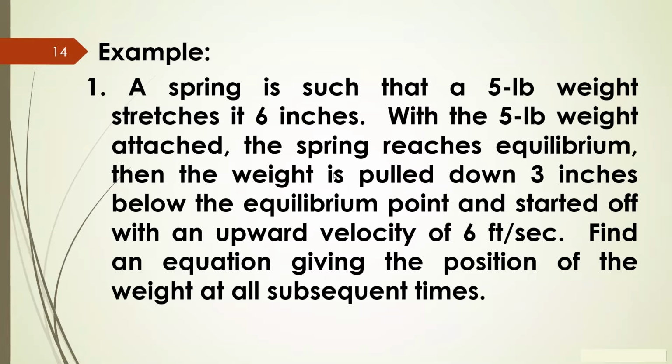And then the weight is pulled down 3 inches below the equilibrium point and started off with an upward velocity of 6 feet per second. Find an equation giving the position of the weight at all subsequent times. So meaning, you're asked to solve for the position at any time. All right? So let's try.